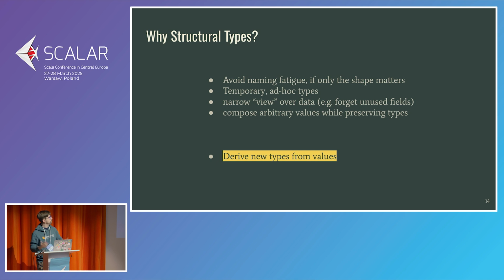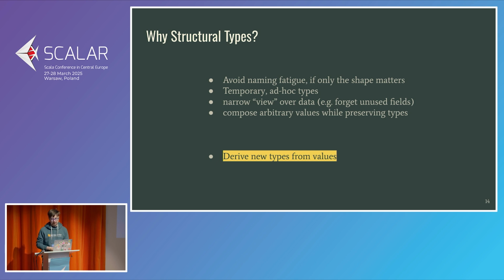It can be useful to provide a narrow view over data. So let's say you have some JSON endpoint with millions of fields. You can just narrow in on the fields you want to use in your API, which makes it less coupled to changes because you can ignore the ones that disappear.